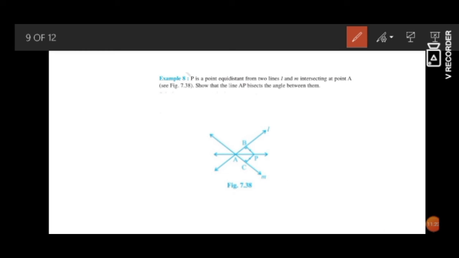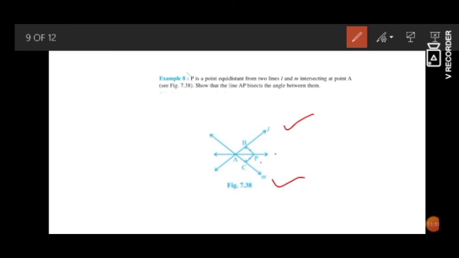In the second example, it is said that P is a point equidistant from the two lines L and M. So L and M are the two lines intersecting at the point A. Through A we are going to draw a straight line, and on that line the point P lies.